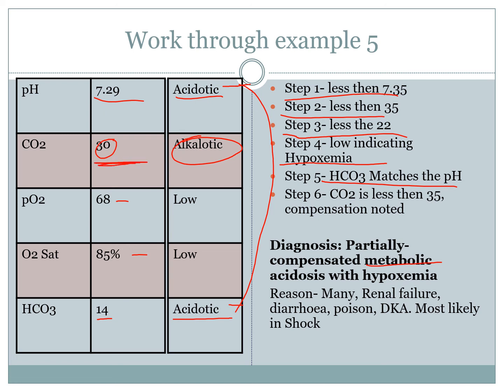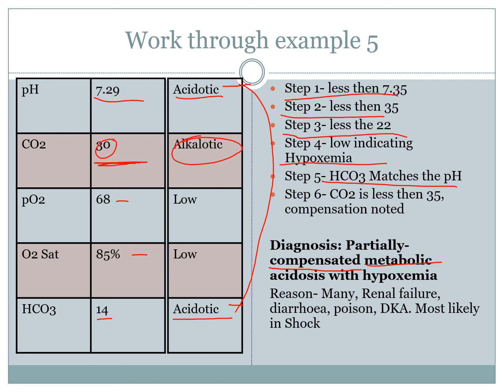So in this particular case, the CO2 is lowering as a means of trying to blow off your acids. So CO2 is low, you're not compounding the issue by adding more hydrogen ions to the mix by having lots of CO2 turning to carbonic acid.